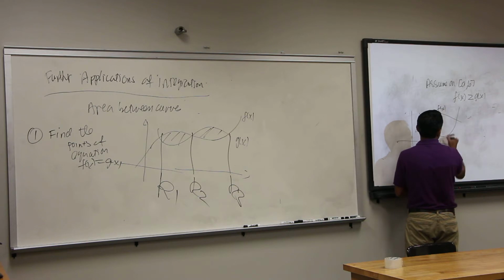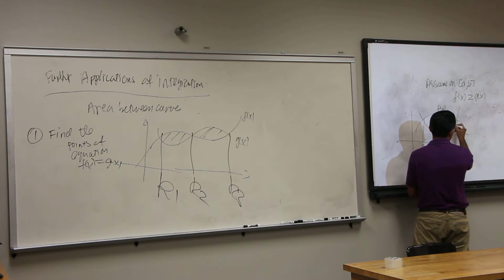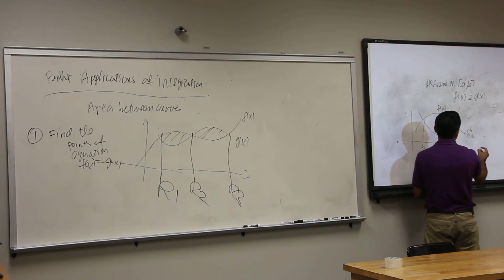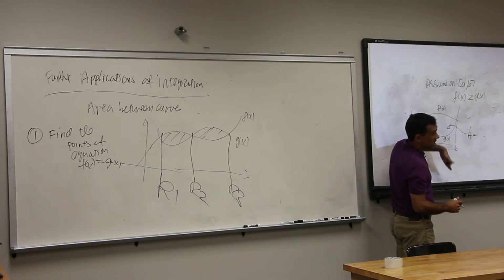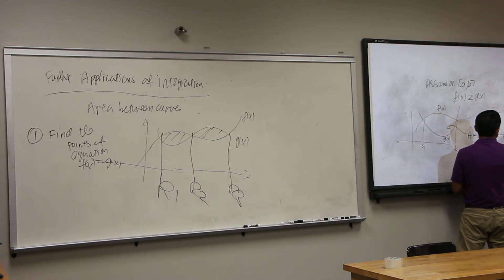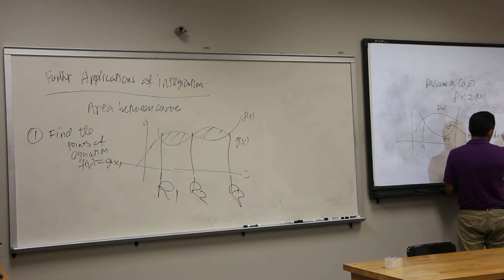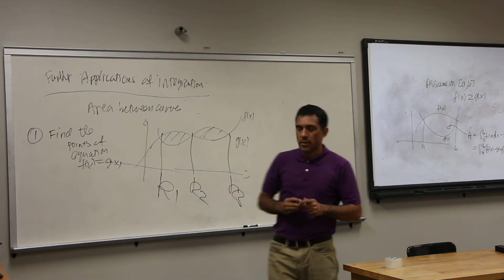This area here is exactly the area under f minus the area under g. Since f is bigger, you can subtract; the difference of the integrals is the integral of the difference, provided f is bigger than g, otherwise you're going to get negative. Now you'll have to do this on every interval.